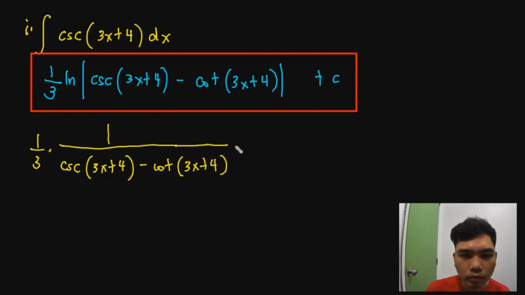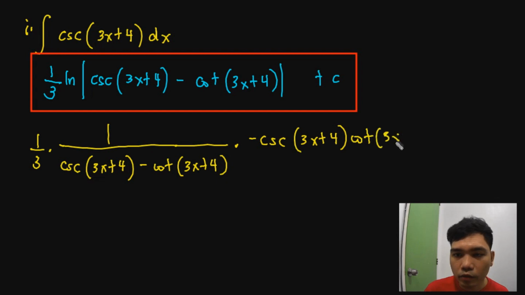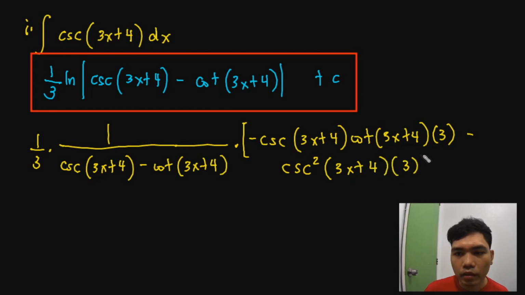Now I need to multiply this by the derivative of this cosecant 3x plus 4, and remember, this one is cosecant, so the derivative here is negative cosecant 3x plus 4, and then cotangent 3x plus 4, then multiplied with 3. Okay, and then again we have to do it for this one, so that's minus, this one is cotangent, so that is negative cosecant squared, and then that is 3x plus 4 times 3. So this 3 right here is the one I'm talking about that we can cancel out using this 1/3 expression.